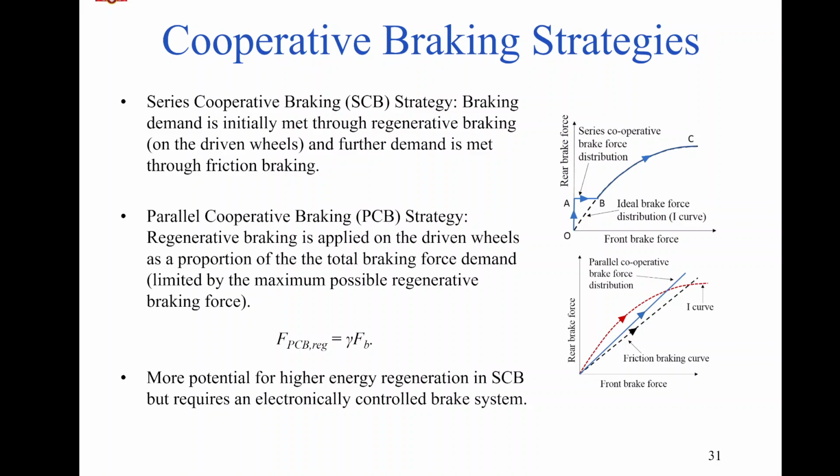So for example, if you say I want level 1 of braking, then I will keep my current limit to a certain, say X ampere. If you say level 2, I'll make it say 2X, and if you say level 3, I'll make it 3X. So in a very simple manner, this kind of system can be designed.